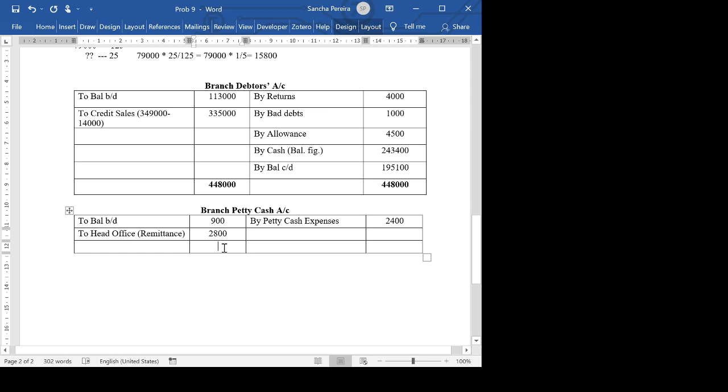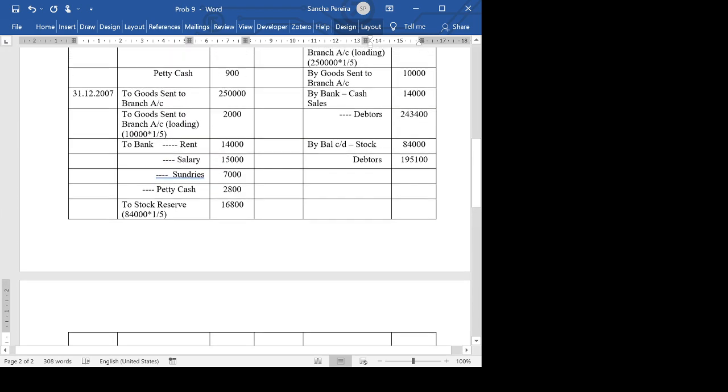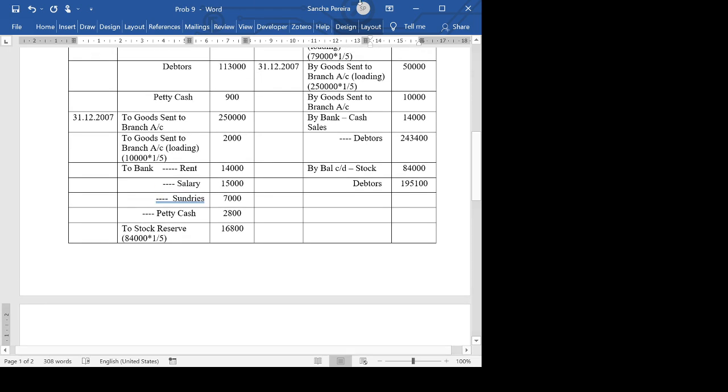So the balance, this 3,700, by balance carry down. 3,700 minus this comes to 1,300. So show this in the branch petty cash account, 1,300.